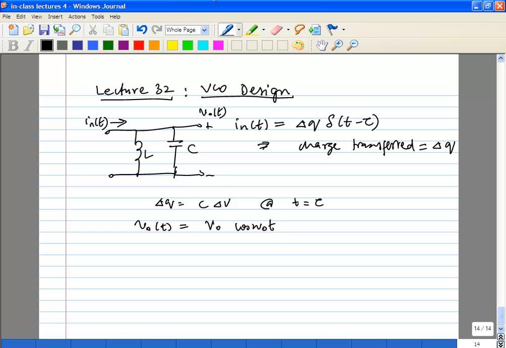So what happens? You have a charge here. The charge goes back and forth between the inductor and the capacitor at a frequency. Use superposition.